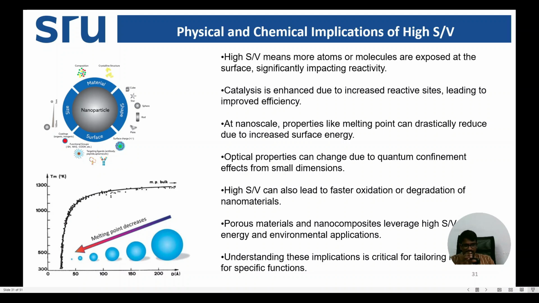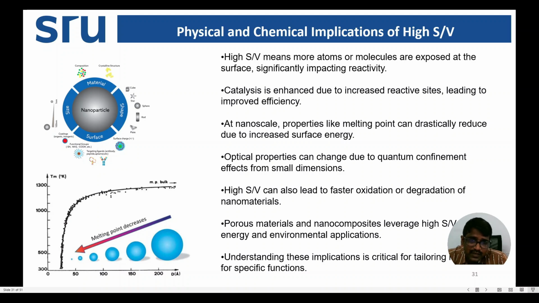Then if you decrease the size from 500 nanometers to 100 nanometers, the melting point also decreases from 100 to, let's say, 90 or 85 degrees centigrade. So as the particle size is reduced, the melting point comes down.